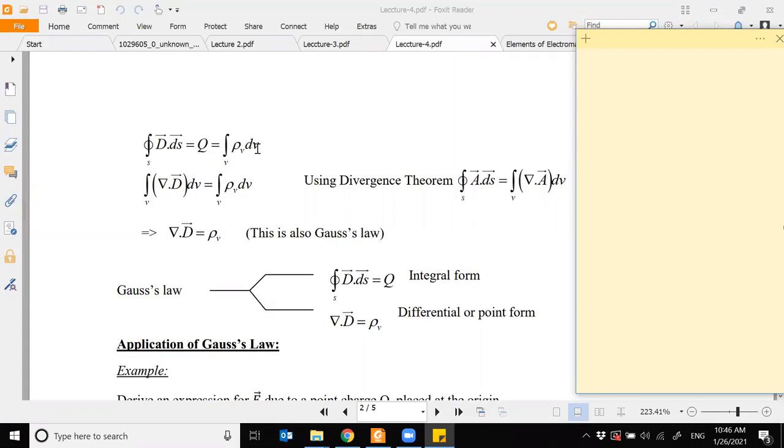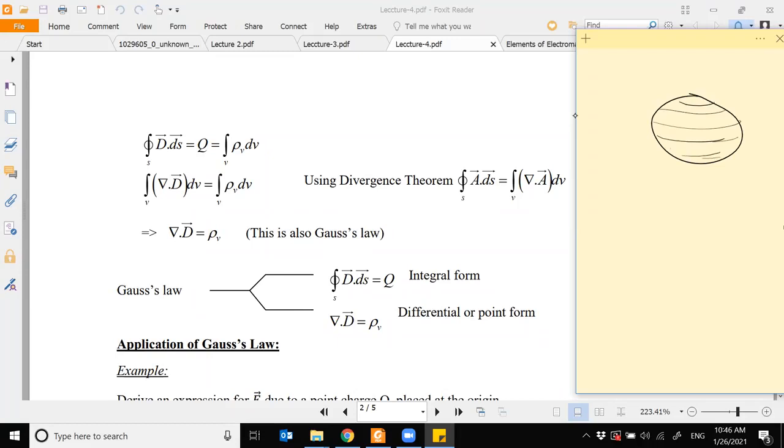Now I'm using what we have learned in chapter 3, the divergence theorem. So what does the divergence theorem say? It says that the closed surface integral of a vector field A over a closed surface is equal to the integral of the divergence of that vector field A over the same volume which the closed surface is enclosing. For example, if you have a soccer ball, the soccer ball has a surface and the surface is closed.